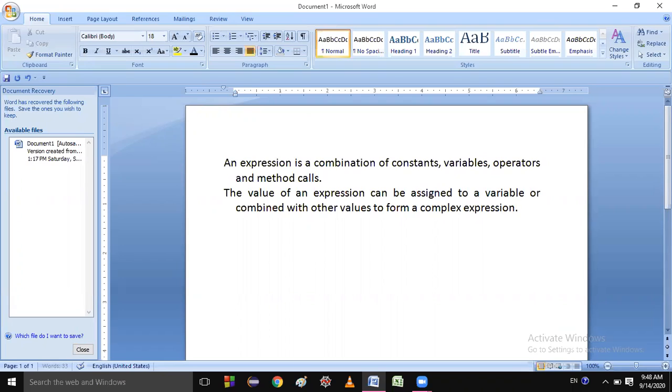So you can understand, if you write the expression inside many expressions, then that should be the complex expression. So Java expressions can be categorized into various types.